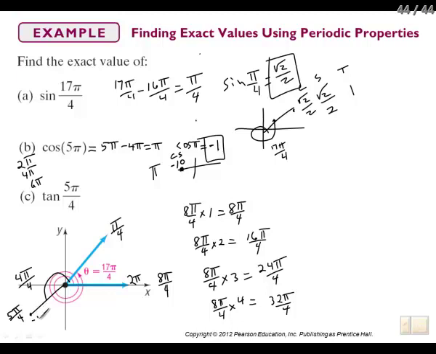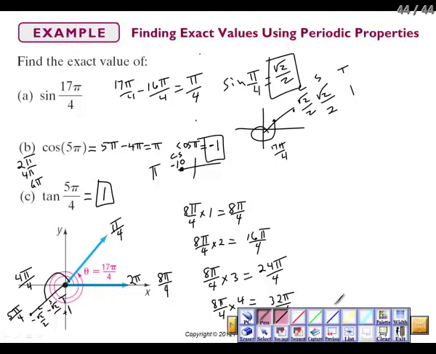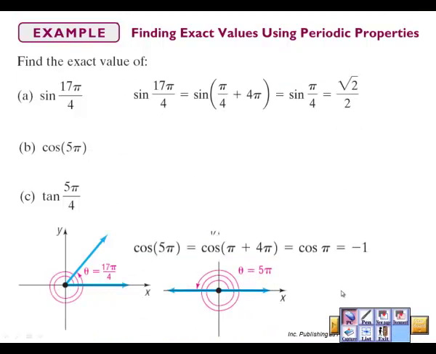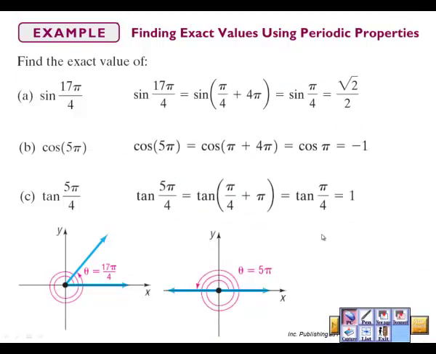And so that's negative square root 2 over 2, negative square root 2 over 2 for cosine and sine, and tangent is going to be a positive 1 because it's negative square root 2 over 2 over negative square root 2 over 2, and so we get a positive 1. So tangent at 5 pi over 4 is going to be just 1. And that's what we did here.